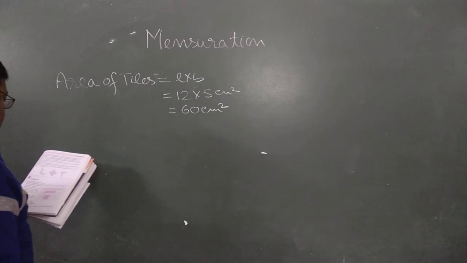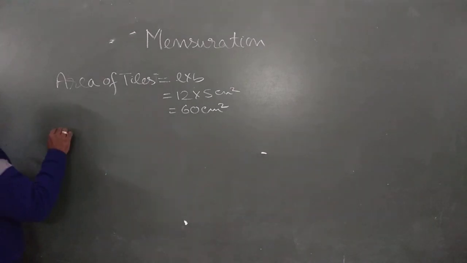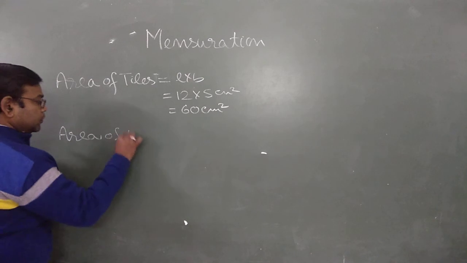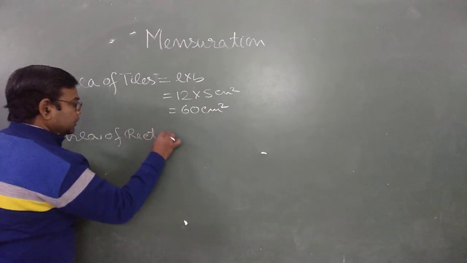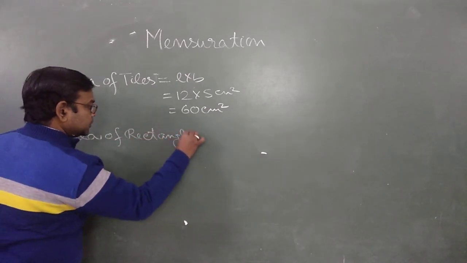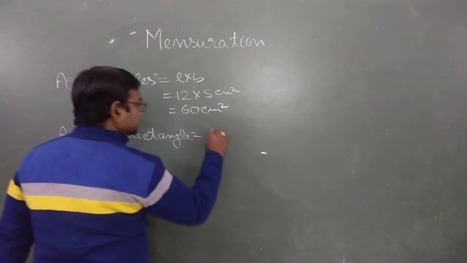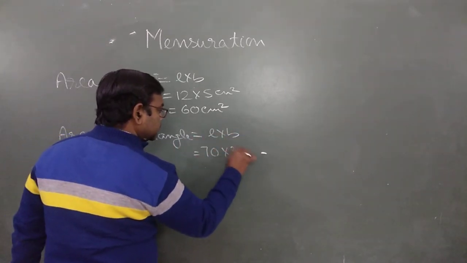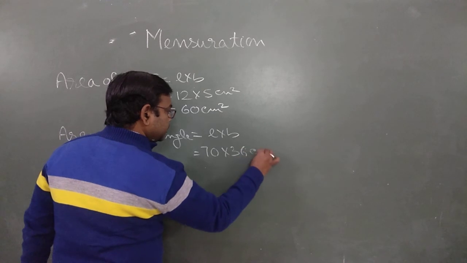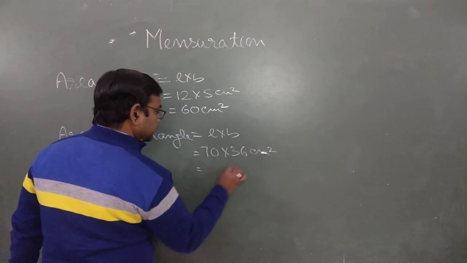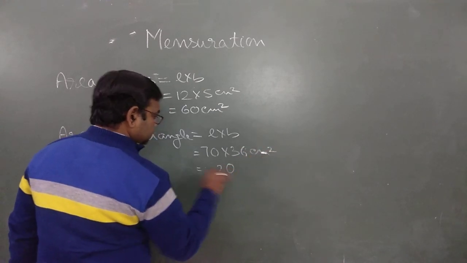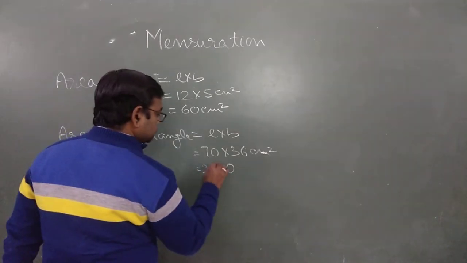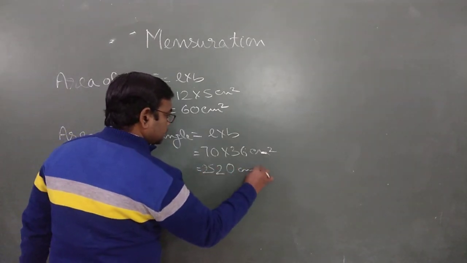So here I am choosing the area of the rectangular region first, 70 centimeter into 36, unit must be centimeter square. Clear?